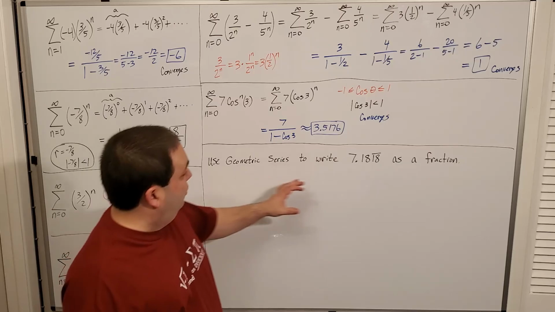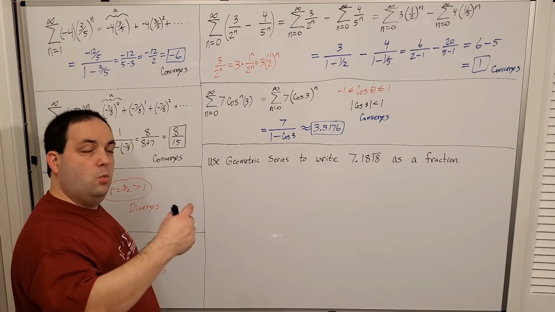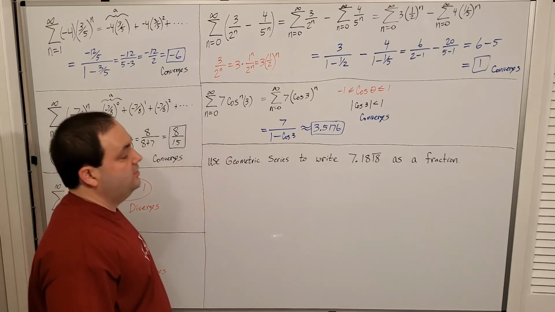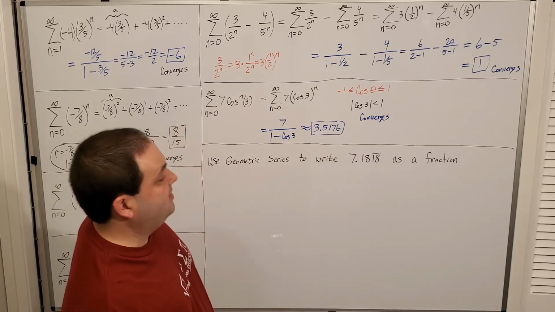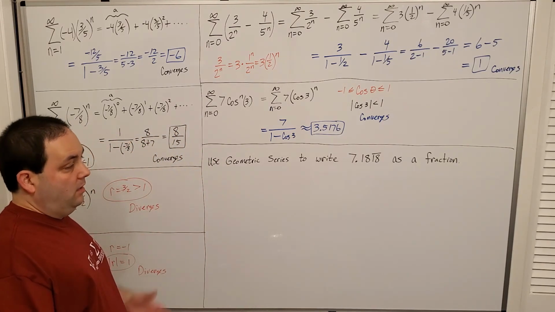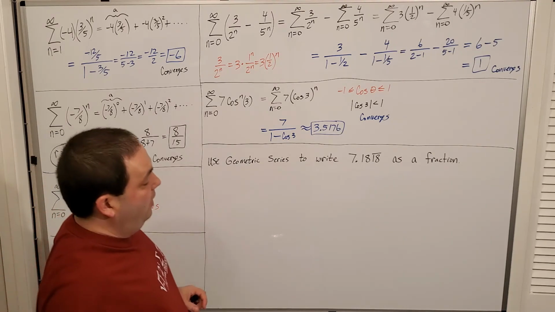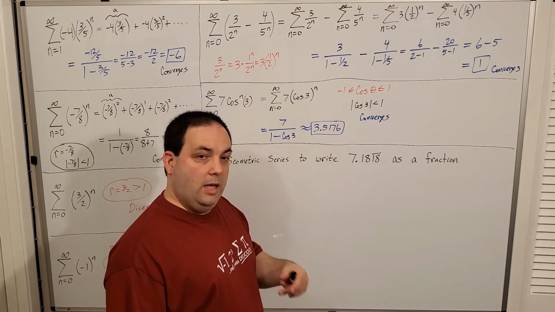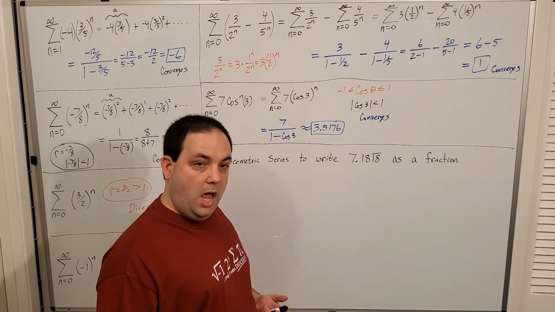Okay, last example. Use a geometric series to write 7.181818... repeating, that's what the little line is, the 18 repeated forever, as a fraction. Now, I remember when I was a kid, I was taught the trick that if you have a decimal that stops, it goes over 100. If you have a decimal that repeats, it goes over some 9s.